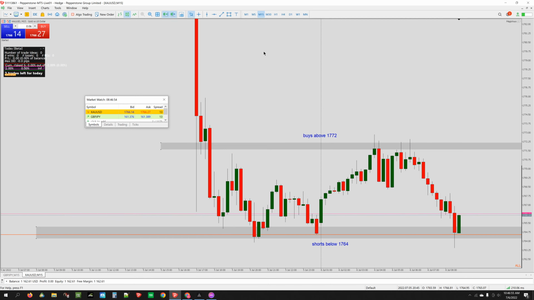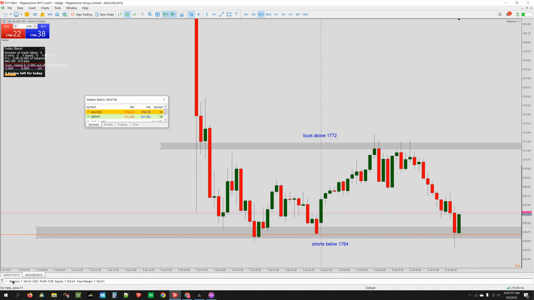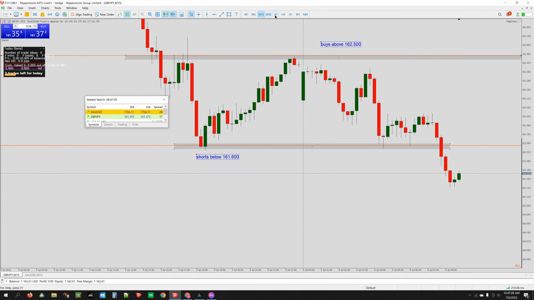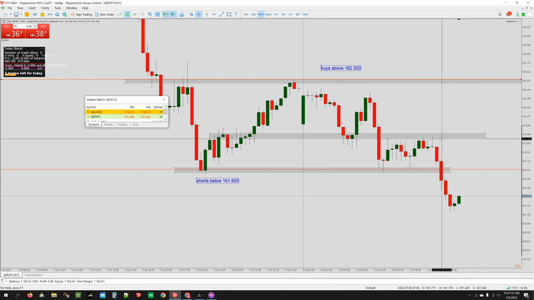We need to wait for a few more minutes so that the hourly candle can close and give us some clue. GBP JPY will be difficult to trade, I will say, but we will look at it later on. This is also a zone in my opinion, but we will see how things will go.